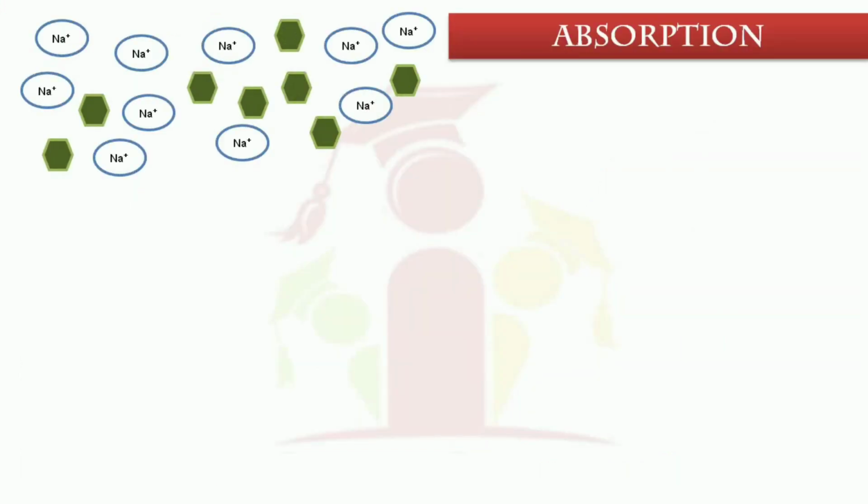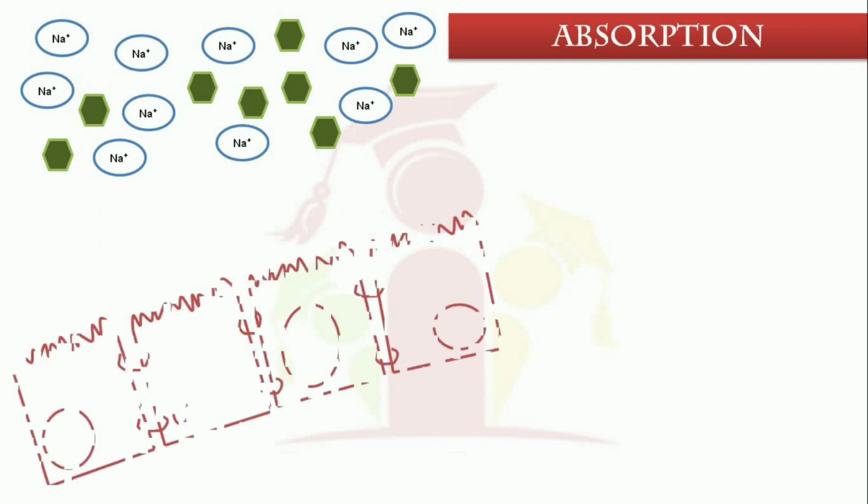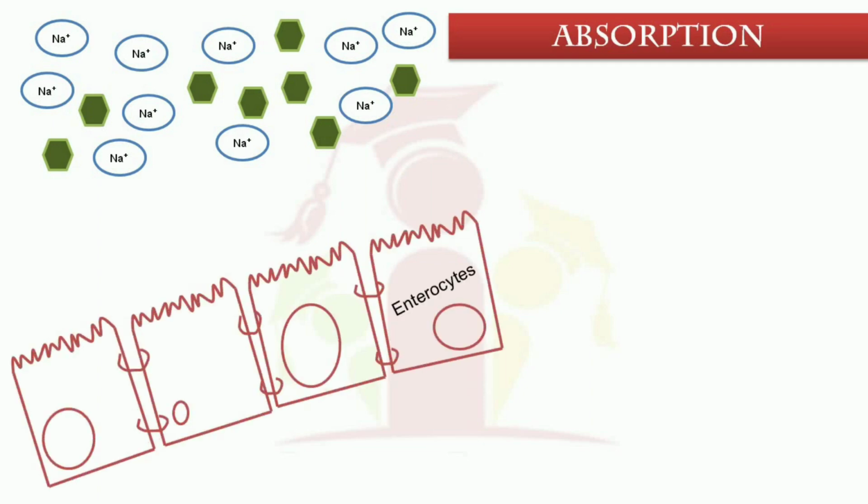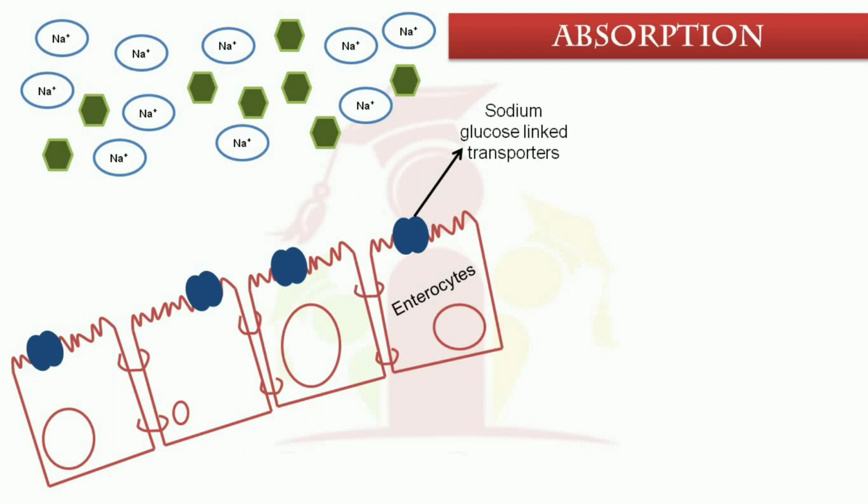Now in the case of absorption, in our lumen the glucose units are present with many sodium ions. In the enterocytes we can see the sodium glucose linked transporters. These transporters help the sodium and glucose units enter the enterocytes.